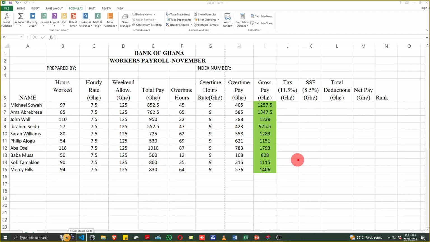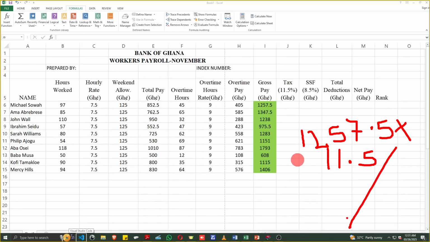So what we are going to do is to multiply the gross pay by the tax, which is 11.5, divided by 100.